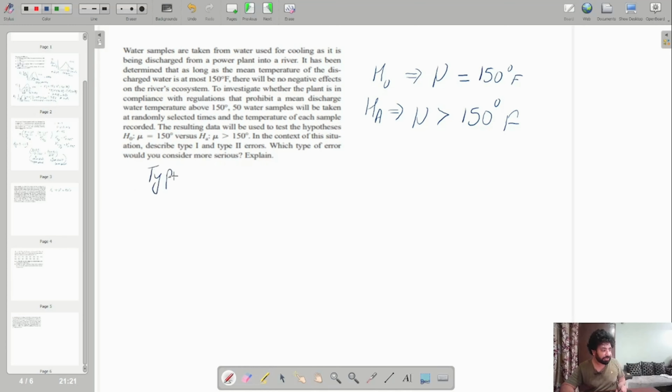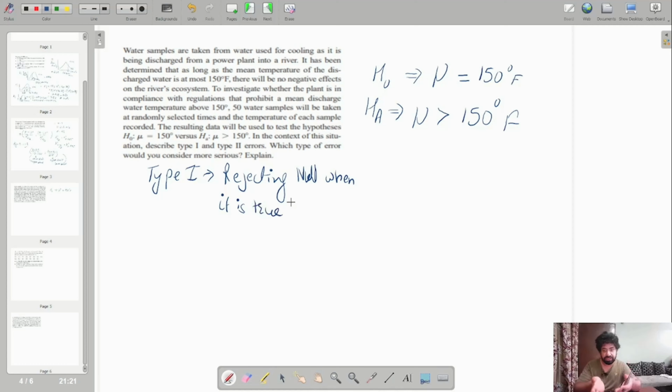What are these cases? So when I say there is a type 1 error, it means that I have rejected the null hypothesis when it is true. So I'll just write this down first. Rejecting null when it is true. It means that the water which is being discharged was actually around 150 degree Fahrenheit.